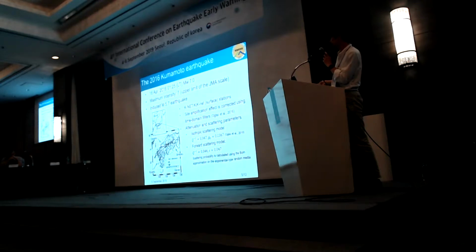G0 in the isotropic scattering model is a total scattering coefficient that relates to the occurrence of seismic wave scattering. And epsilon in the forward scattering model denotes the strength of the random fluctuation of the medium velocity. And the scattering probability in the forward scattering model is calculated using this epsilon and the Born approximation.